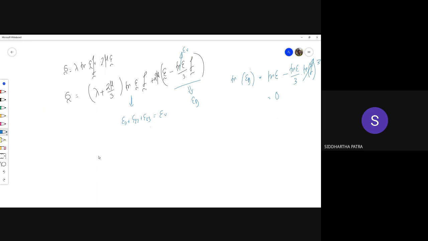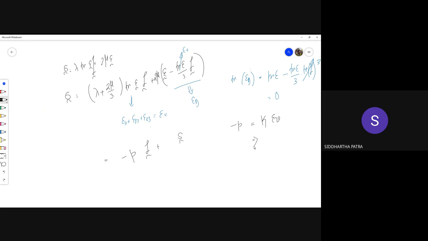Now, this type of relation can also be shown with the stress tensor, where it is minus p times I plus s, where minus p is essentially bulk modulus times epsilon v.